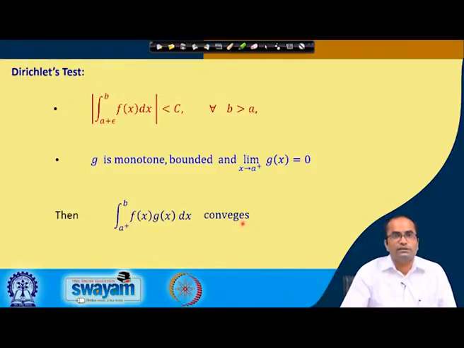So this Dirichlet test is useful when we have a product of two functions in the integrand, where we know one is monotone, bounded and approaching 0, and the integral of the other is uniformly bounded. In that case we can use this Dirichlet test to prove convergence.